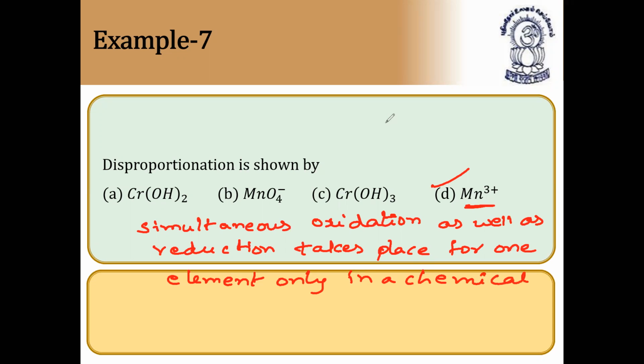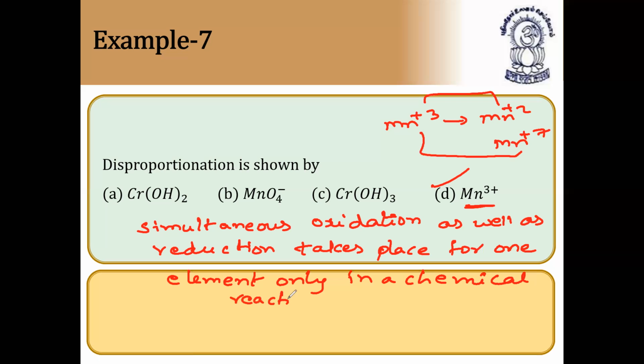So usually Mn plus 3 changes to Mn plus 7 as well as Mn plus 2. So plus 2 it is reduction, plus 7 it is oxidation in a chemical reaction.